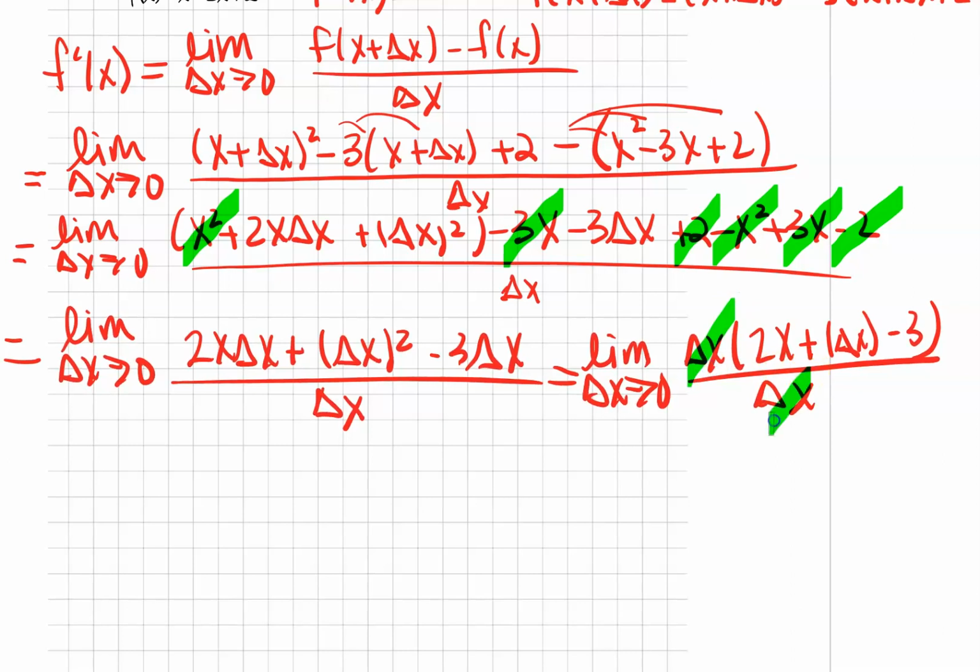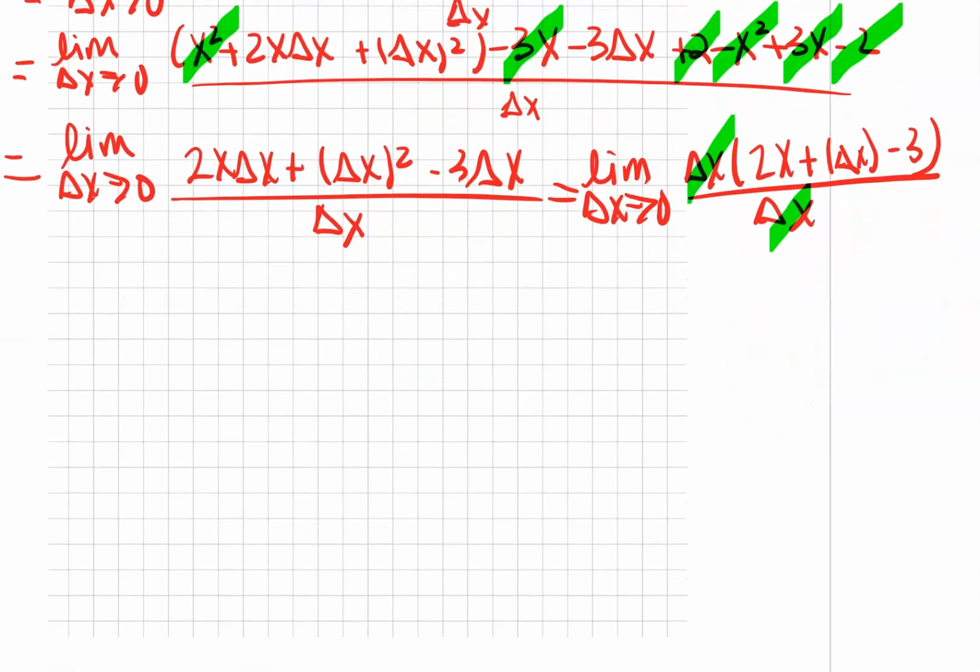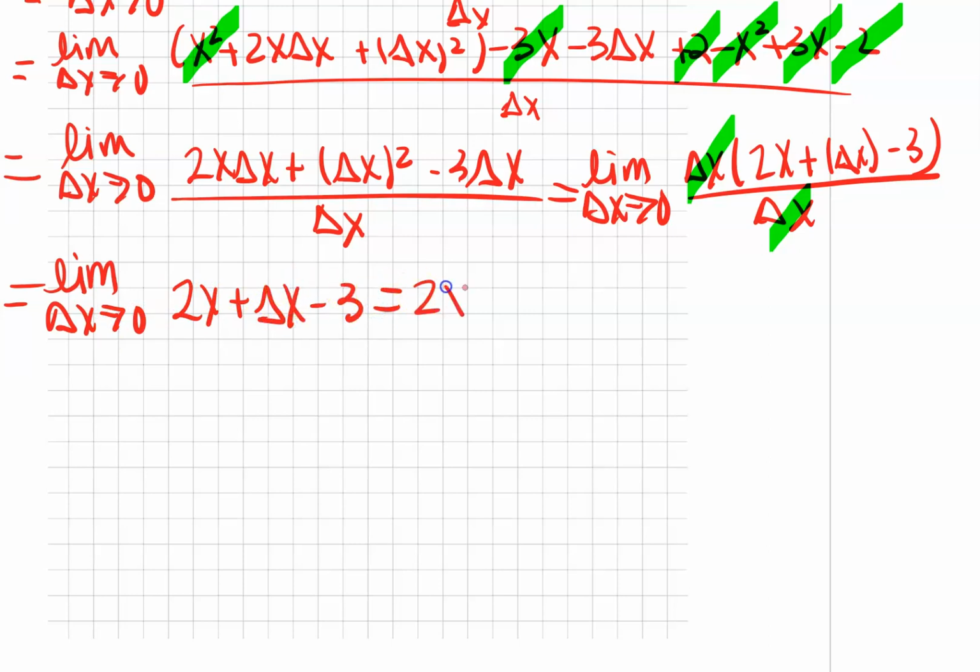Yep, we made it. That cancels. It factored and canceled. Equal to the limit as delta x goes to 0 of 2x plus delta x minus 3. And we can finally take that limit. So 2x plus 0 minus 3, 2x minus 3.